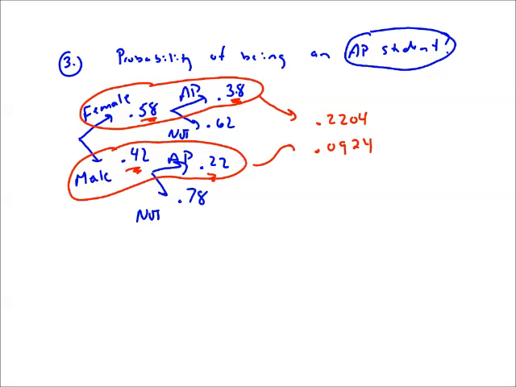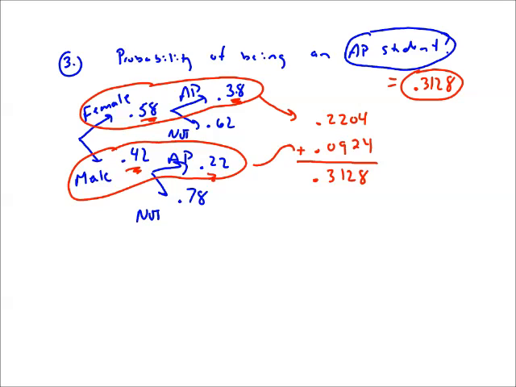And we want to know total how many AP students, proportion. So we add those, 0.3128. So the probability of being an AP student is 0.3128.